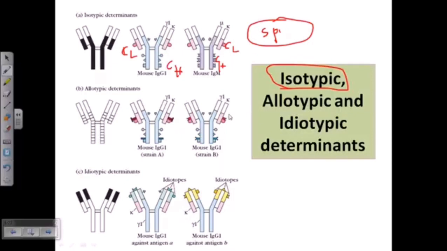As the genetic makeup of you is different from the genetic makeup of me, we will have variations in our immunoglobulins. Suppose we take organisms of the same species, one is you, another is me. If we check both immunoglobulins, we get variations in the CH region, the constant heavy, as well as the constant light. In both cases we have variations, because we have different genetic makeup.